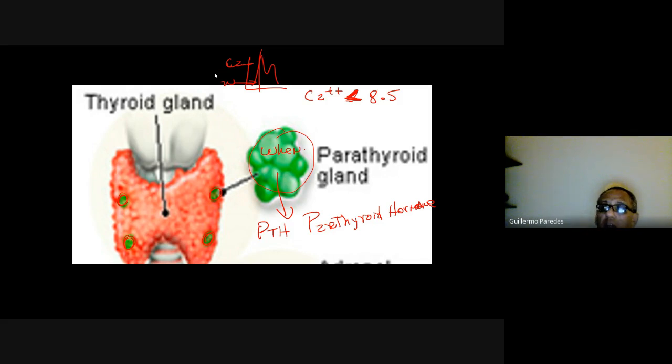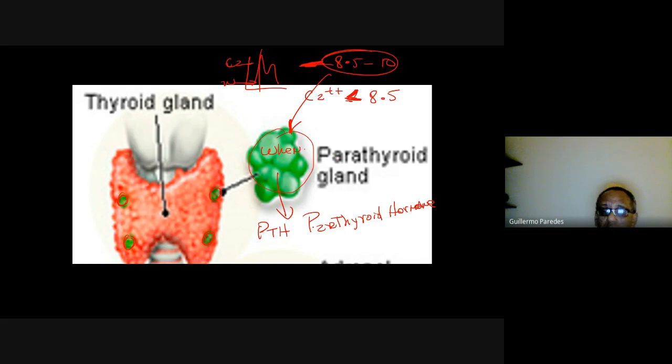So when the calcium is too low, you want to keep it in the range of 8.5 to 10. That is the normal range. But it's too low here. These low levels of calcium stimulate the parathyroid gland to produce the PTH.